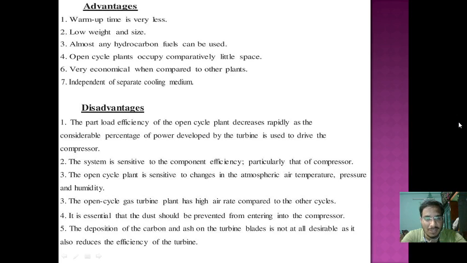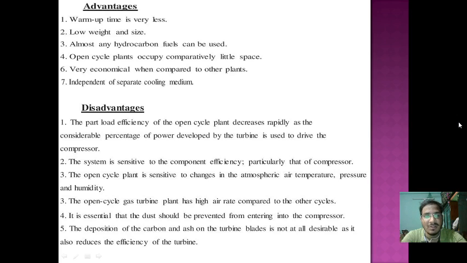Open cycle plants occupy comparatively little space compared to closed cycle plants. Very economical when compared to the other plants. Very economical means that other plants' economics will differ when compared to this plant.